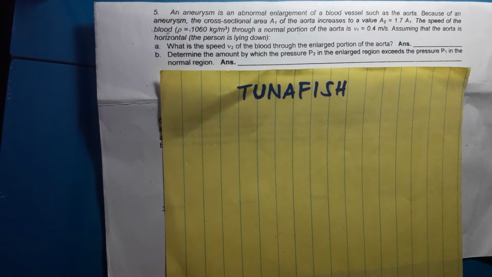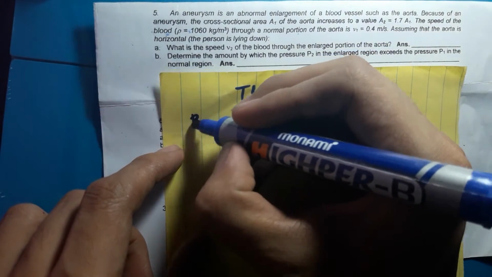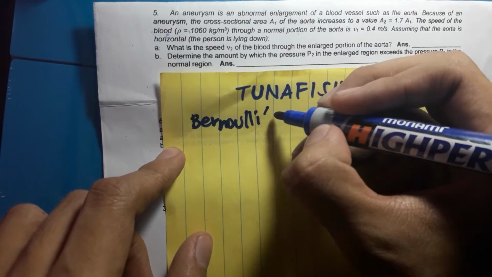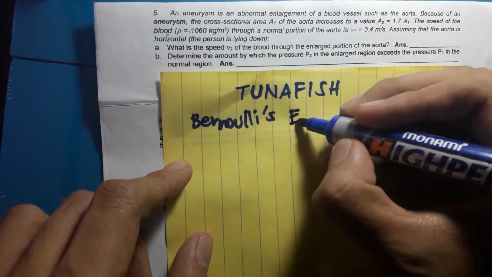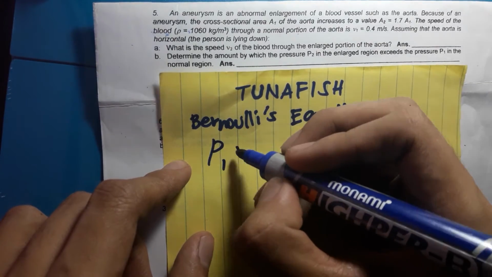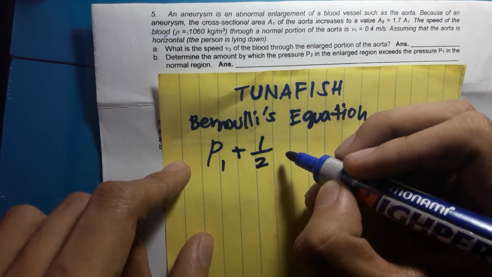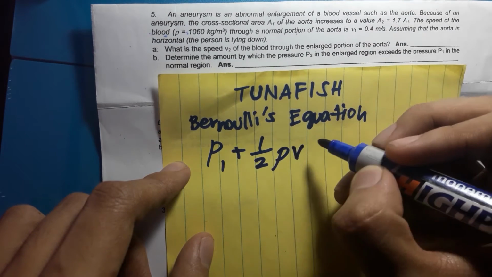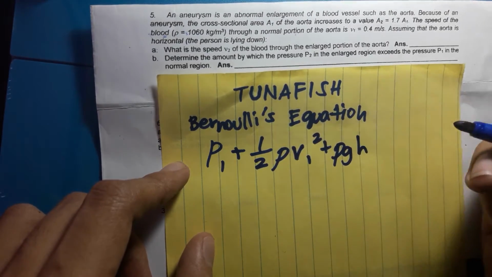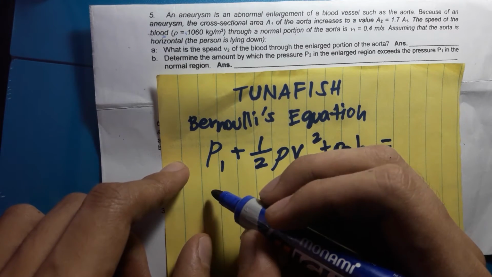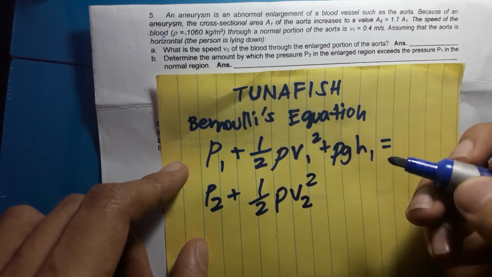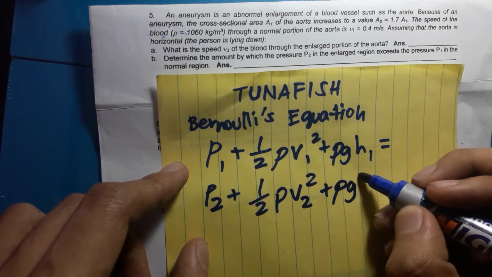First, I want to introduce a new equation called Bernoulli's equation, which says that pressure 1 plus 1/2 density times velocity 1 squared plus density times gravity times height 1 is equal to P2 plus 1/2 density times V2 squared plus density times gravity times height 2.